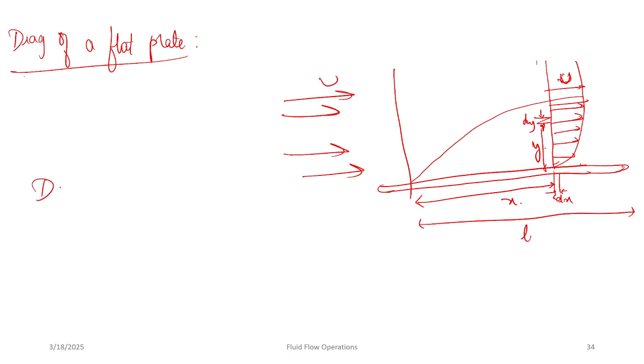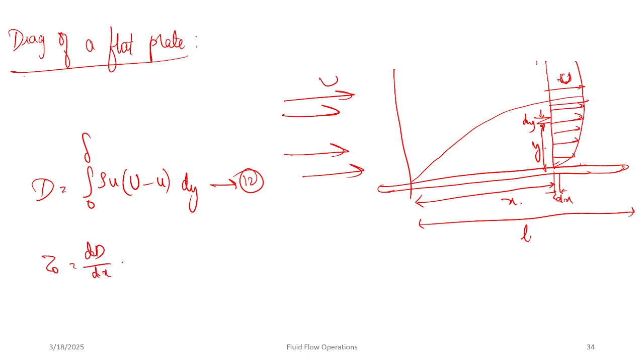Okay, so drag can be calculated as integral 0 to delta of rho u into capital U minus small u into dy. So this is equation number 12. And tau naught is given as dD by dx, which will be equal to rho into d by dx into integral 0 to delta of u into capital U minus small u into dy.